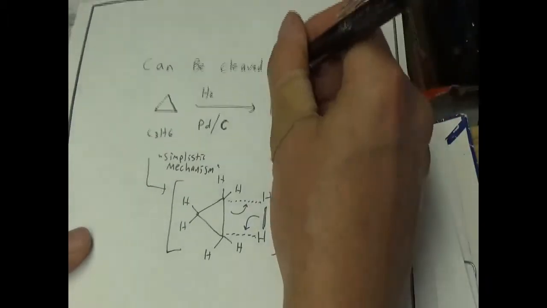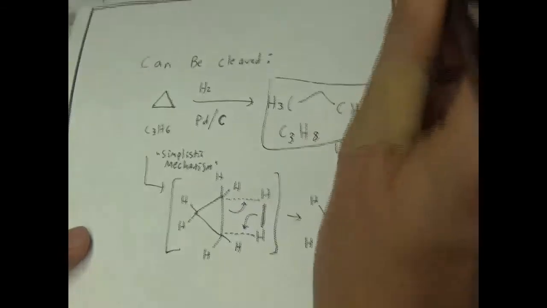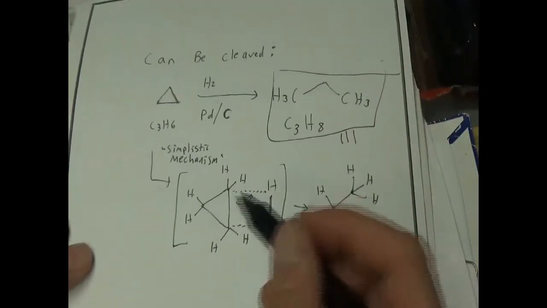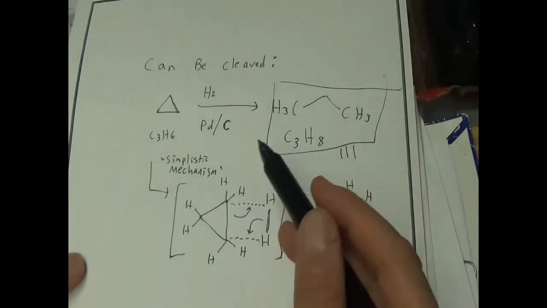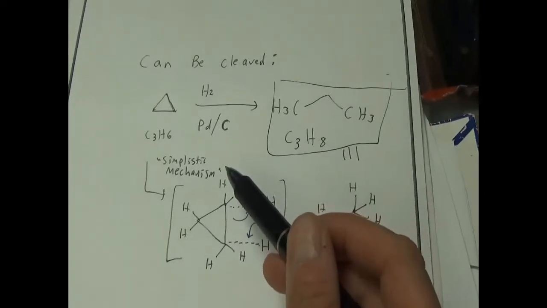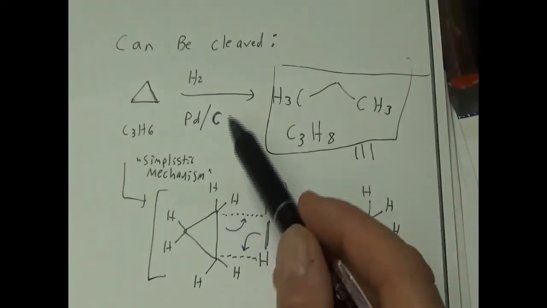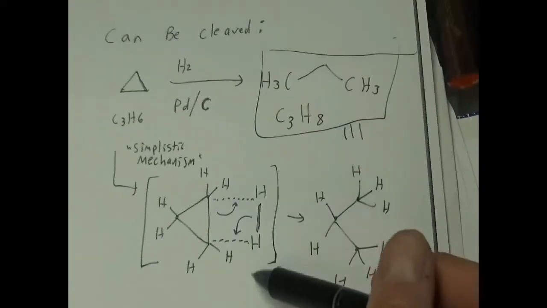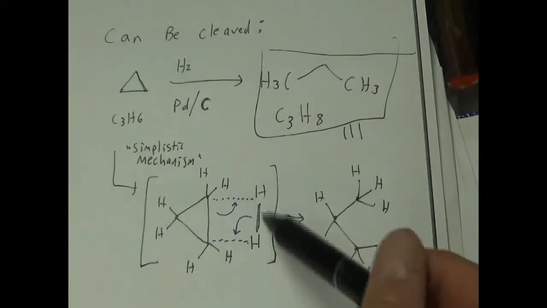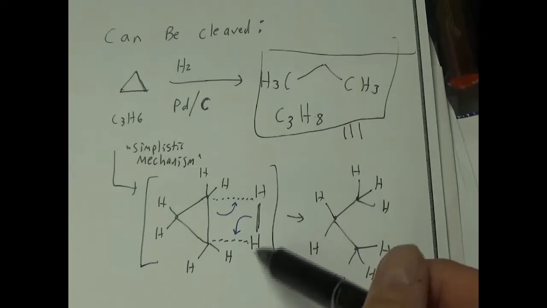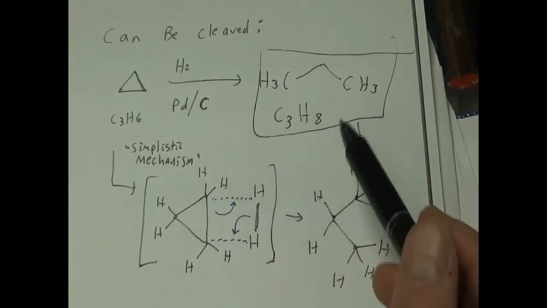Okay, so this is simplistic in that it doesn't account for what the palladium's doing. We're going to talk a lot about palladium later, so let's not worry about what it's doing in this situation. But this is a little unrealistic because we're not accounting for the palladium.